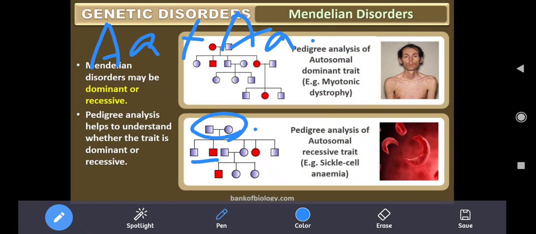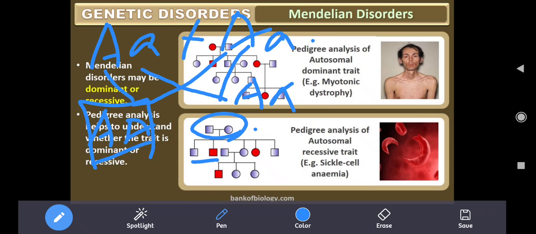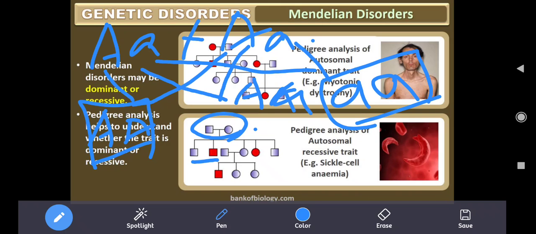Now, if the young one receives these two genes, it will be capital A, a non-affected or normal person. If the F1 generation acquires these two also, normal, because the recessive trait is not expressed here. Suppose both the recessive alleles come together, definitely he or she will receive the disease. He or she might be affected.